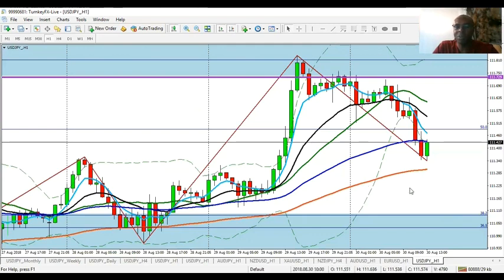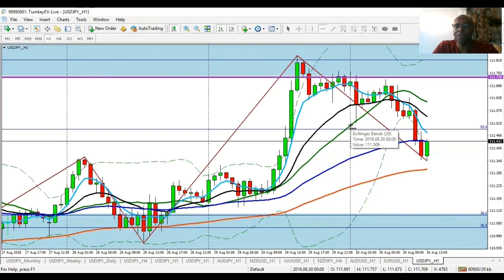We're going to do the same thing as we did with the daily. We're going to identify these resistance and support areas. So first of all, draw the horizontal at the 20. Well, sorry. First of all, draw the Fibonacci retracement.